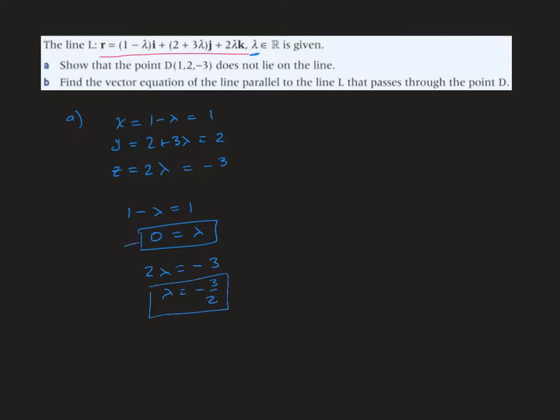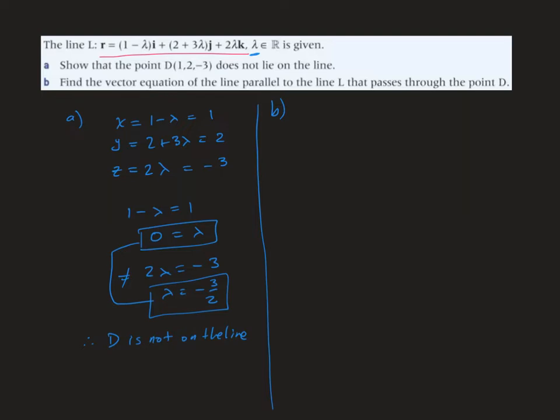So we get two different values of lambda, which means D is not on the line. The reason being, it's not possible to find one parameter that makes the line go through that point. Yeah? It has to be the same value of the parameter for every single coordinate. And it's not. We got a different value for x and z. Means we don't have one.